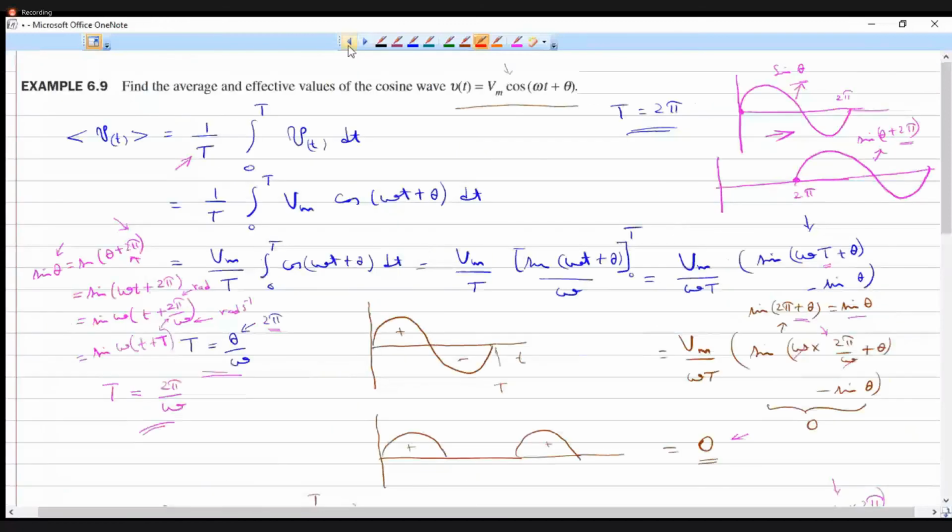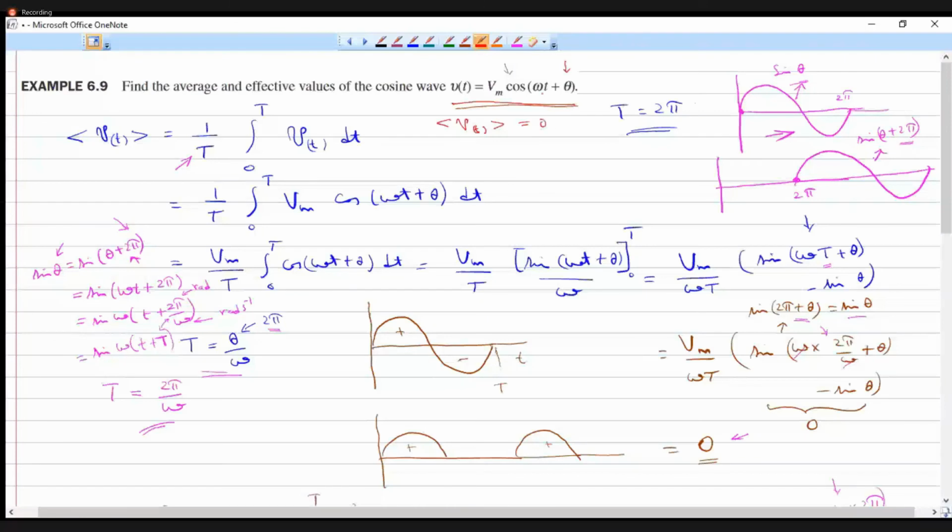Then we did some examples. We started with a sinusoidal function, given as v of t equal to Vm cos of omega t plus phi, where phi is called the phase shift. And we have proved that for a sinusoidal function the average value of v of t is equal to 0.